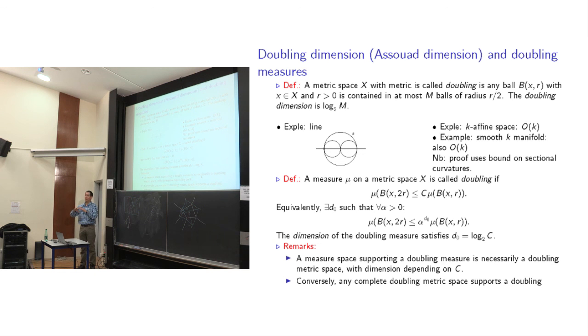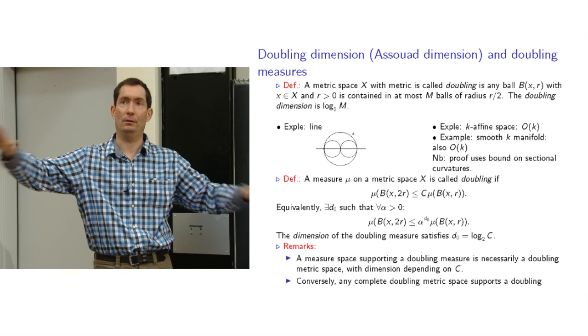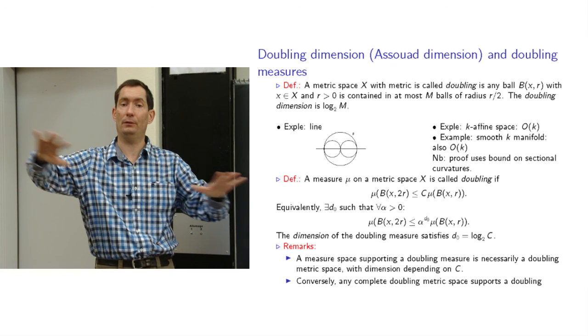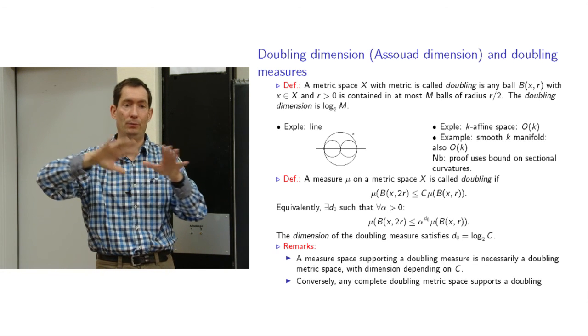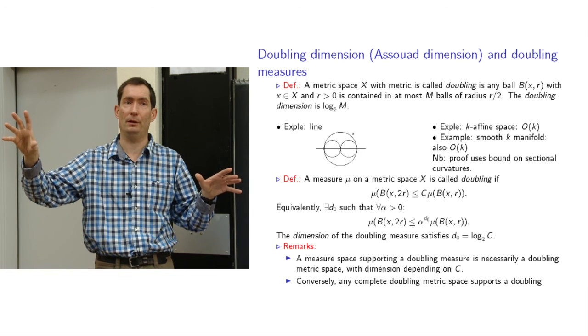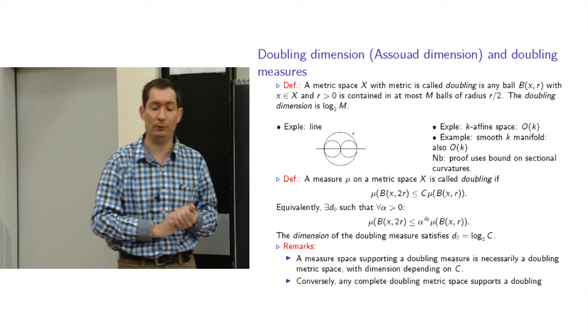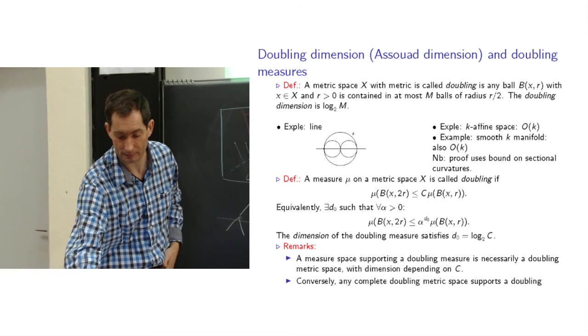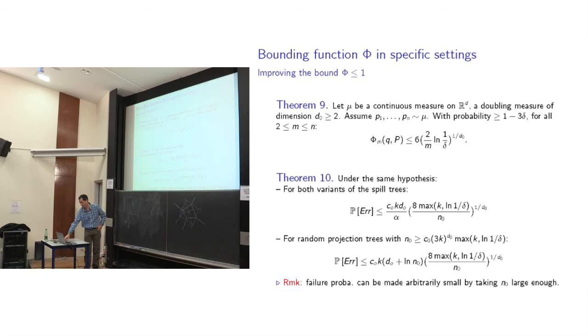For example, if the point set lies on a hyperplane, on an affine flat of dimension k, or what if the point set is located on a k-dimensional manifold? Can we say something precise about the function phi? And so the answer is yes. There are results which are giving bounds on the function phi, and from which one can bound the errors we talked about.